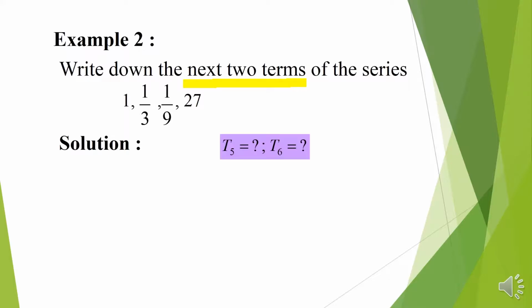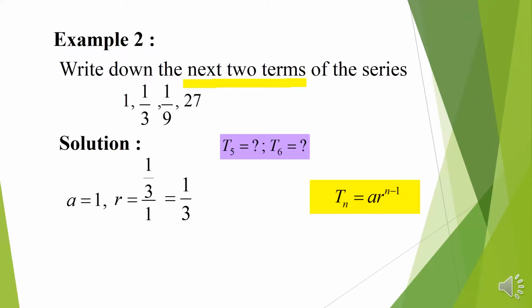So we determine T5 and T6. Before that, we need to determine the first term a, which is equal to 1, and also the r value, the common ratio, which is 1 over 3 over 1, equal to 1 over 3.